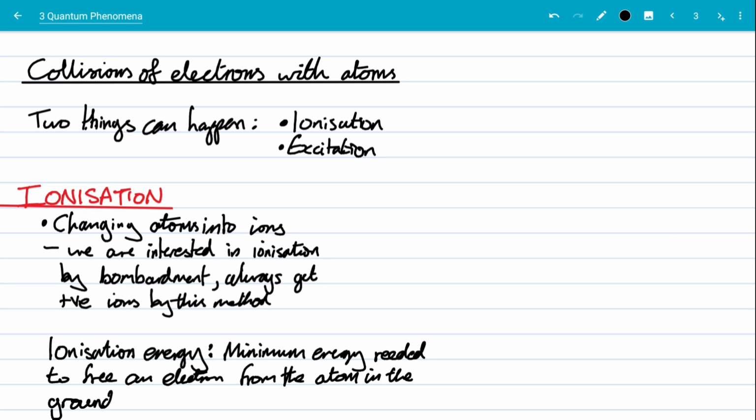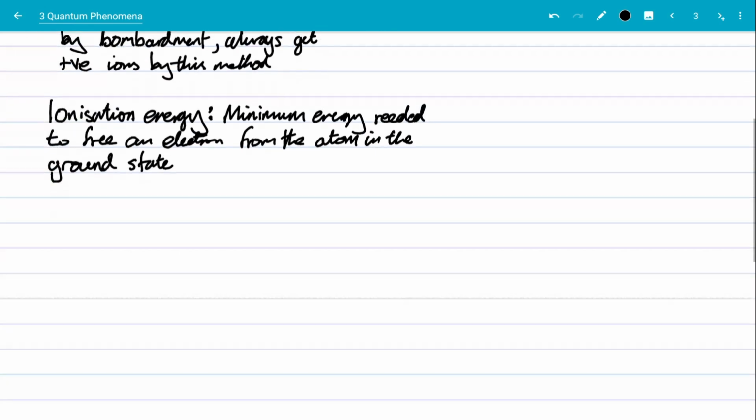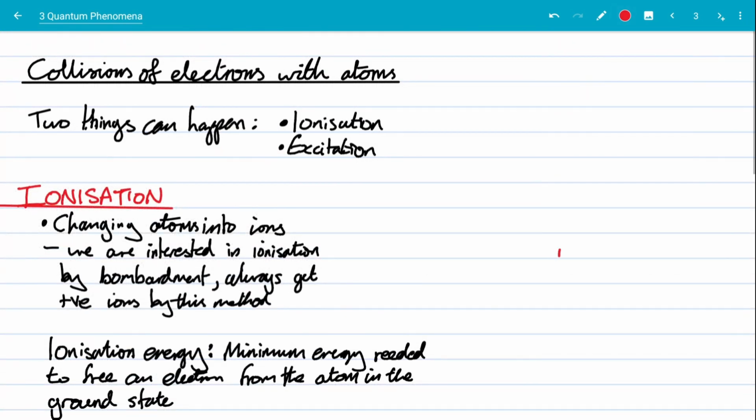So what do we mean by that? What do we mean by the ground state? Well, the ground state is an atom that has the least energy that the atom can have. Now, you'll remember from chemistry that we could draw an atom as consisting of a positive nucleus with electrons orbiting it, just like this.